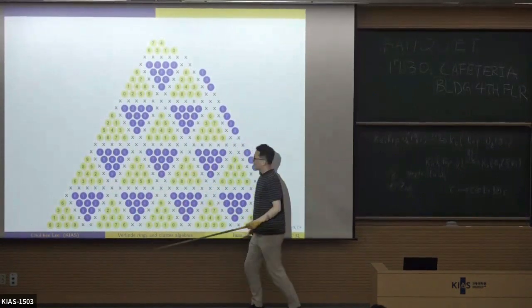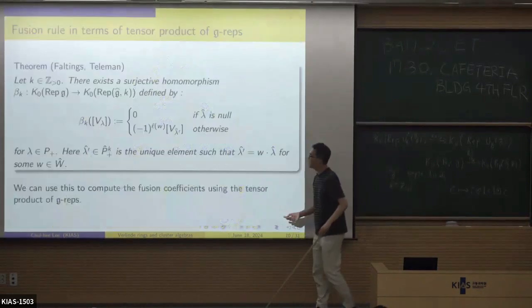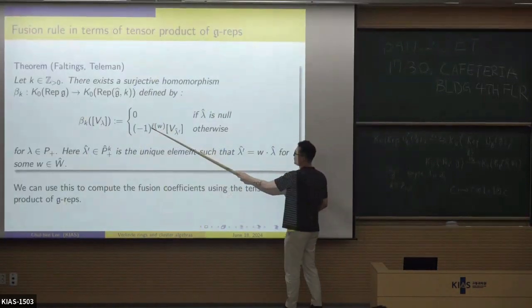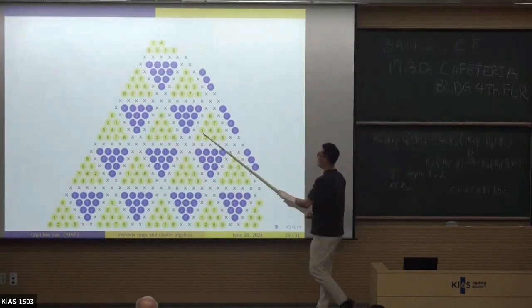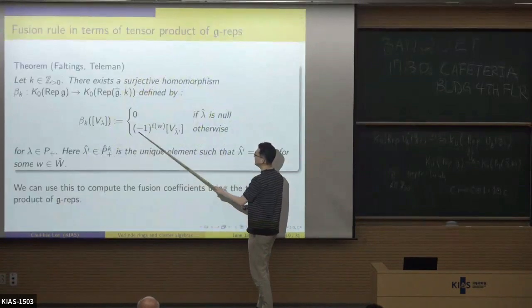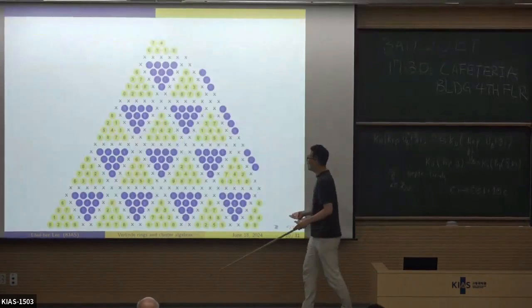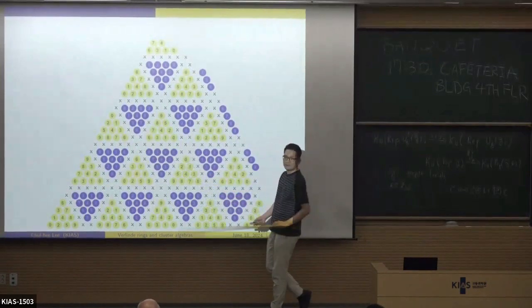And so yellow means it has a positive sign under this map. Even number of reflections are necessary. And other regions have negative coefficients under this map. And X denotes where it becomes 0.